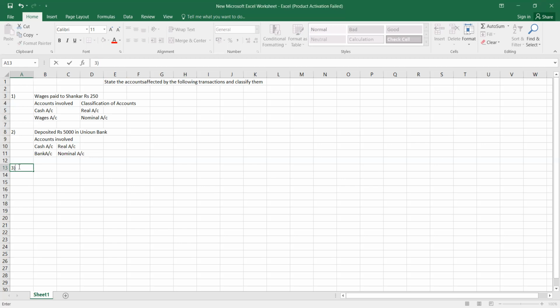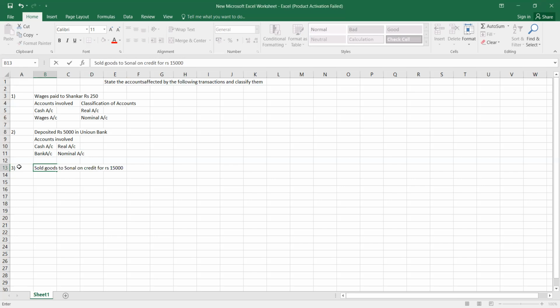Third example. Sold goods to Sonal on credit for rupees 15,000. So we have sold goods to Sonal.